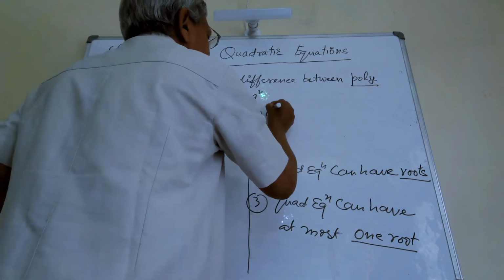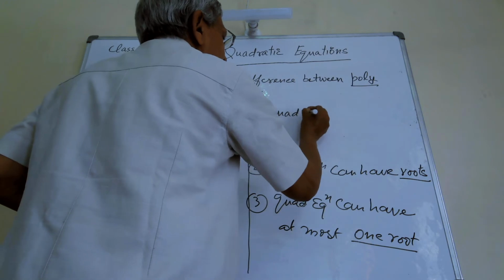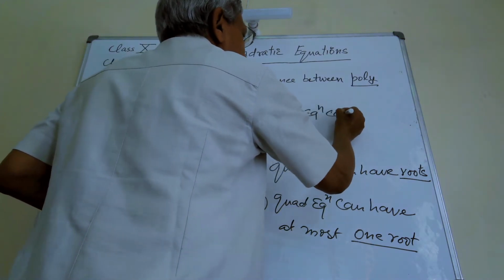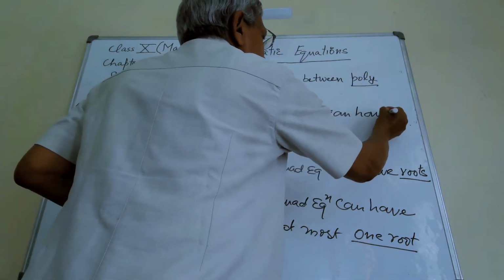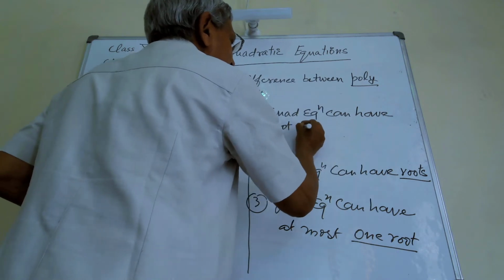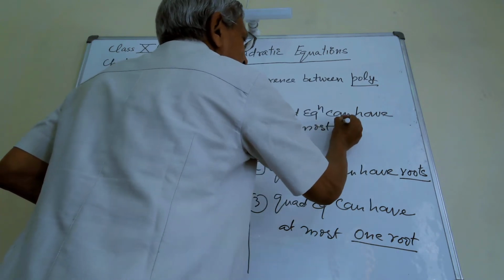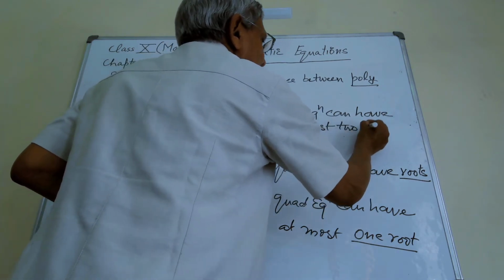A quadratic equation can have at most two roots.